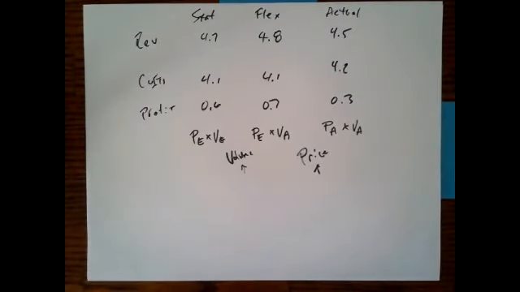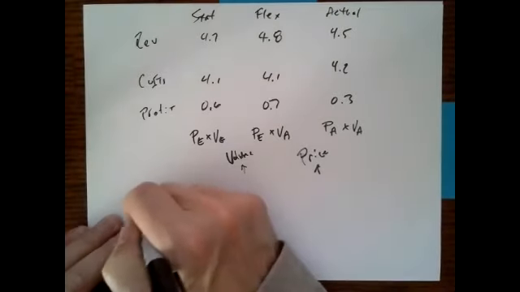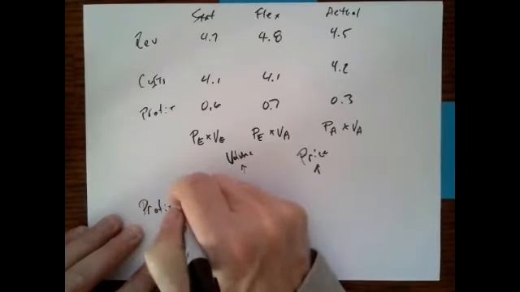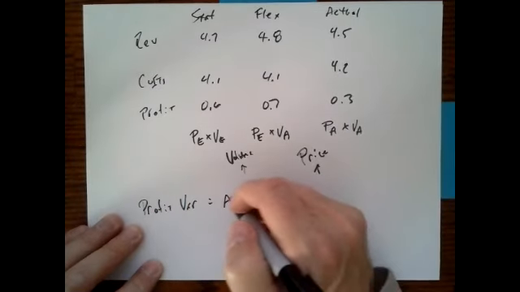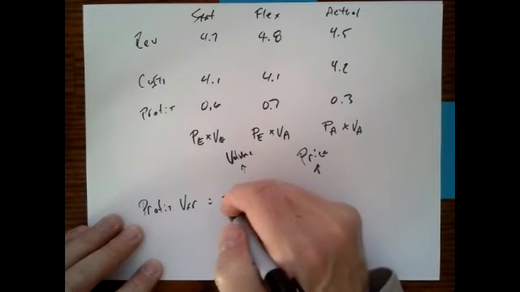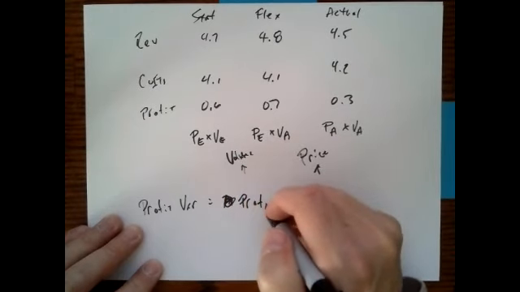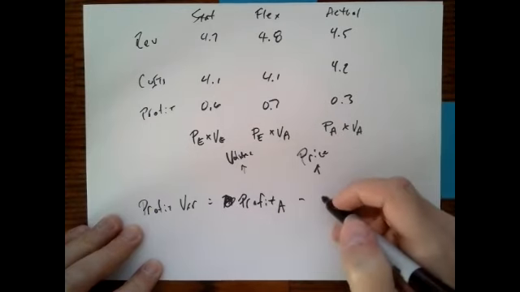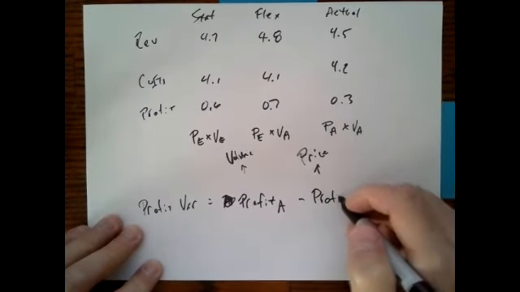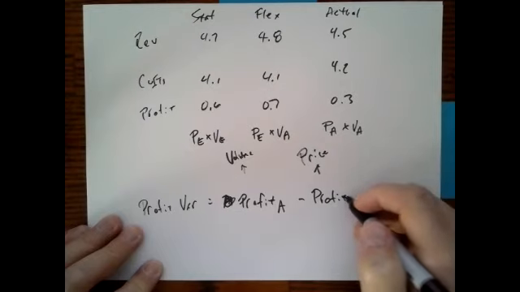So part A asks us to calculate and interpret the profit variance. Okay, so the profit variance is going to equal the actual profit, let's call that profit sub A, minus profit stat.